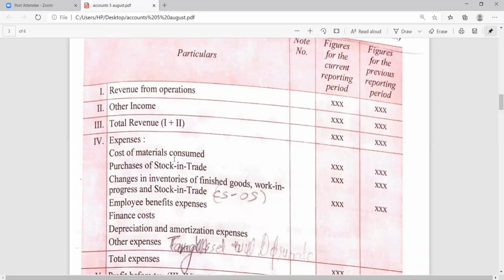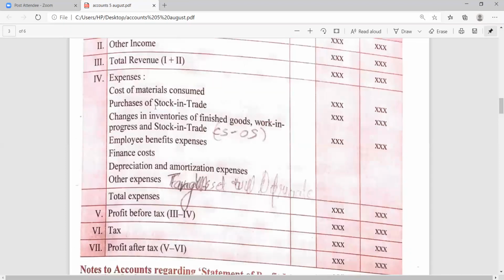What are these expenses? These are all the expenses related to the goods produced: cost of materials consumed, purchase of stock in trade, changes in inventories of finished goods, work in progress and stock in trade, employee benefit expenses, finance costs, depreciation and amortization expense, and other expenses also.